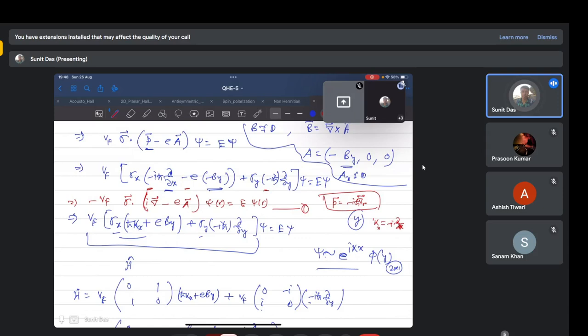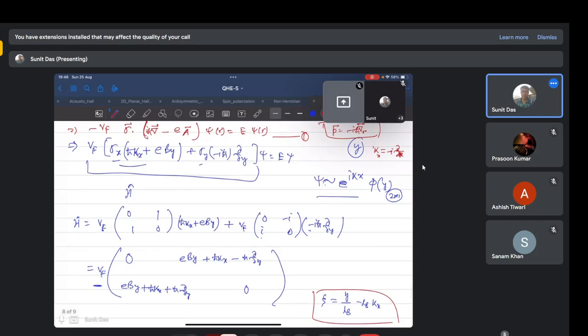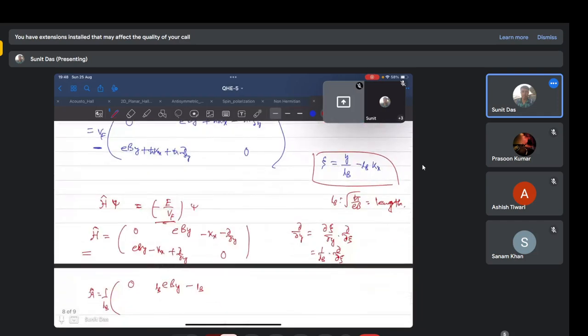So if I have this h bar extra here, I have h bar extra here also.